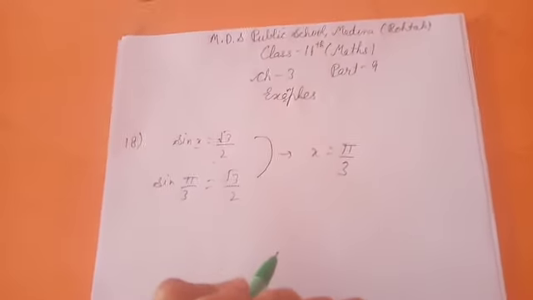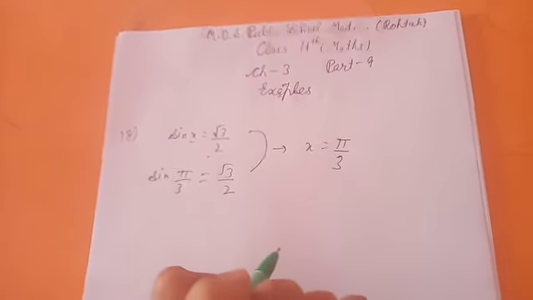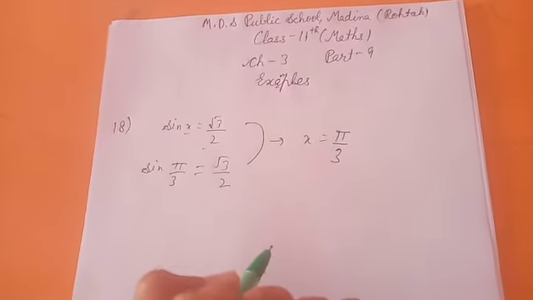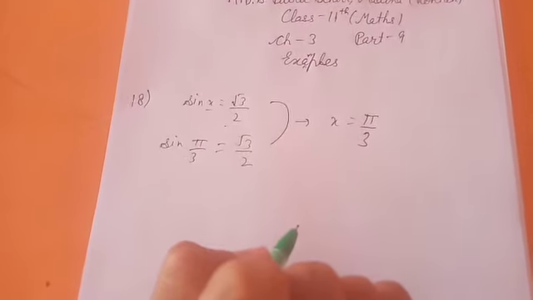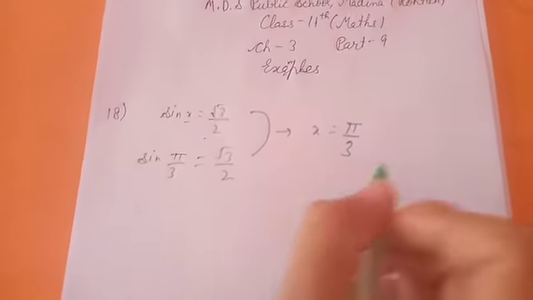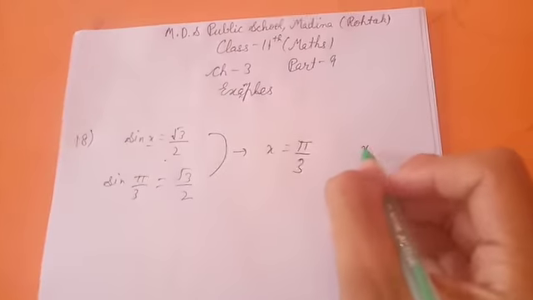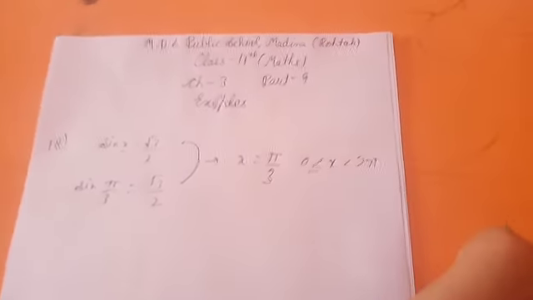So principal solutions are the solutions of trigonometric equations for which x lies between 0 and 2 pi, means x must lie between 0 and 2 pi.